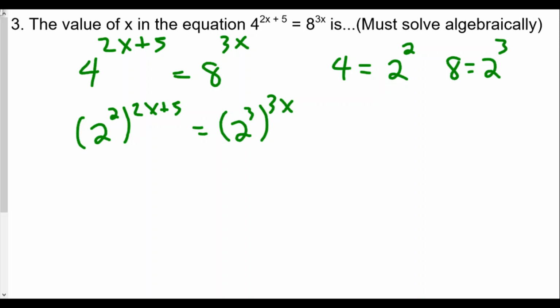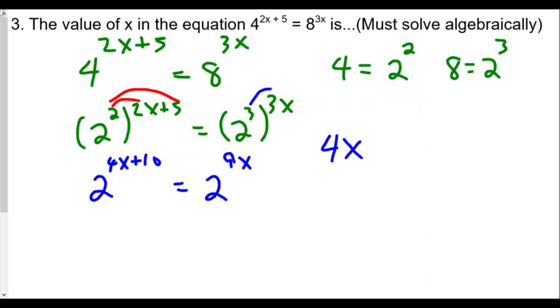Now we distribute the 2 here, and the 3 multiplies with 3x, and we get 2 to the 4x plus 10, be very careful to distribute, equals 2 to the 9x. We have learned that in an exponential equation, if the two bases are equal on both sides, then the exponents must be equal. So we now use the exponents 4x plus 10 equals 9x to solve the equation.